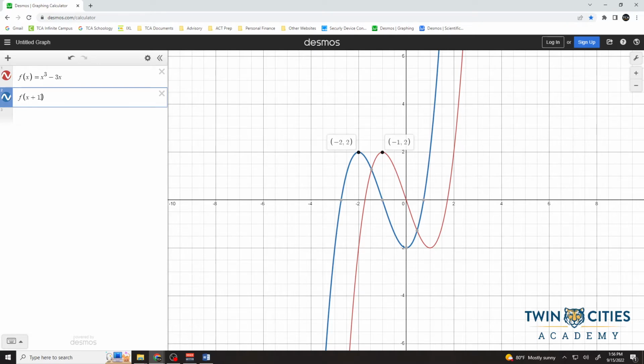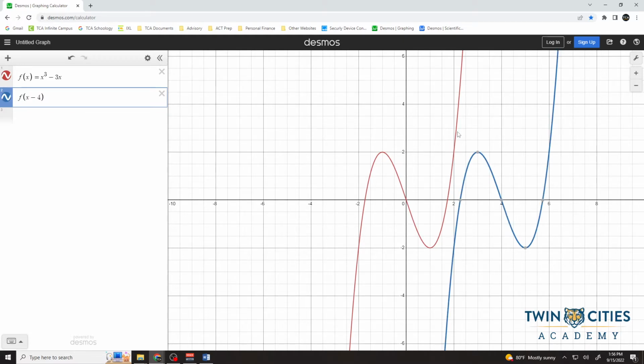And if, instead of adding, I subtract, let's do like 4. Now we can see that this point was at negative 1, 2, and I subtracted 4 from the x value to make this 3, 2. Because when I move to the right, it goes from negative 1 to 3.